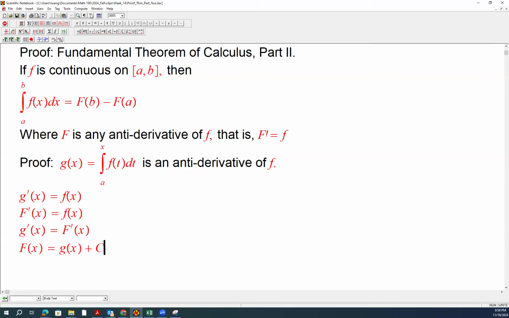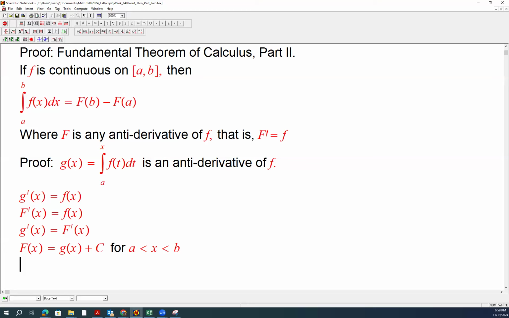Okay, so we got this relationship for all of the x in between a and b, for a less than x less than b. So this will be true. Now we're going to do a couple of simple calculations.